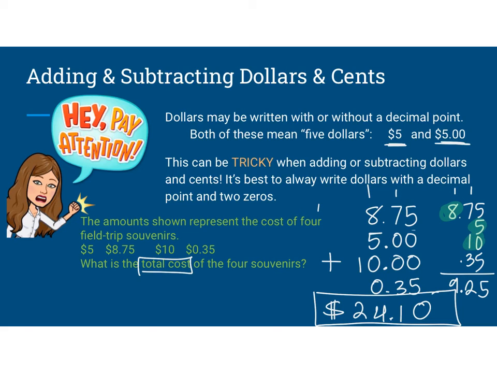Okay, my answer, in order to be considered reasonable, has to be, what is 8 plus 5 plus 10? What's 8 plus 5 plus 10? 8 plus 5 plus 10 is 23. Okay, so if I have $23 right there just in whole number amounts, then $9.25 does not make sense, and that would not be reasonable.